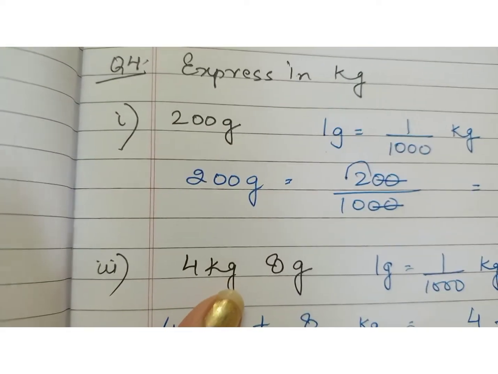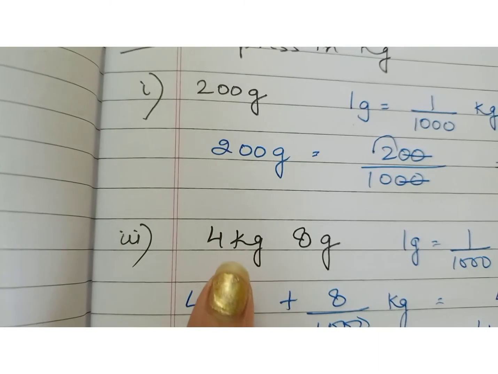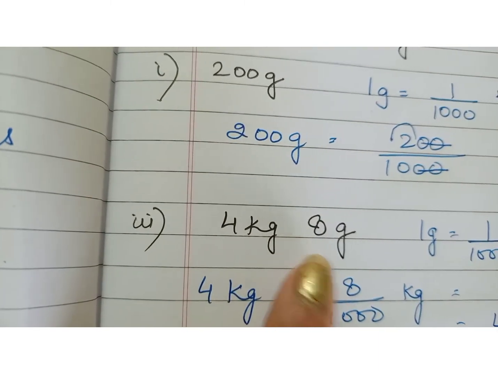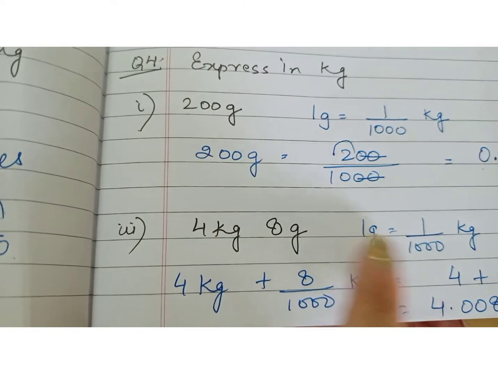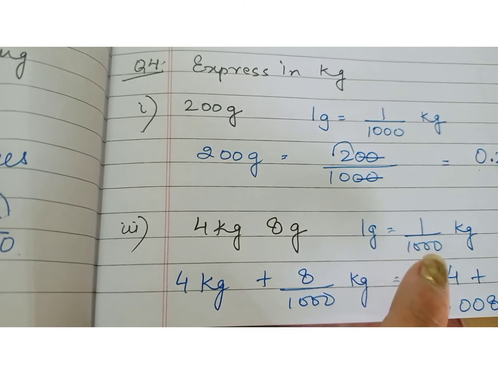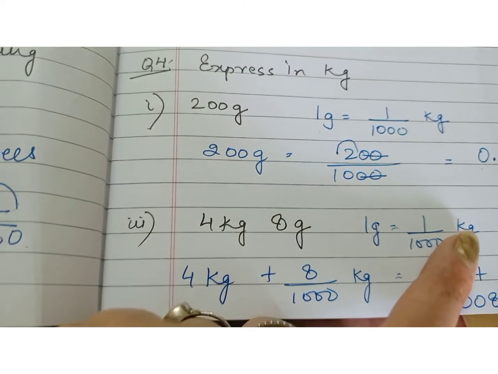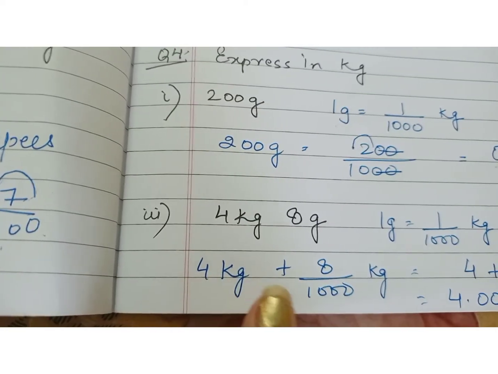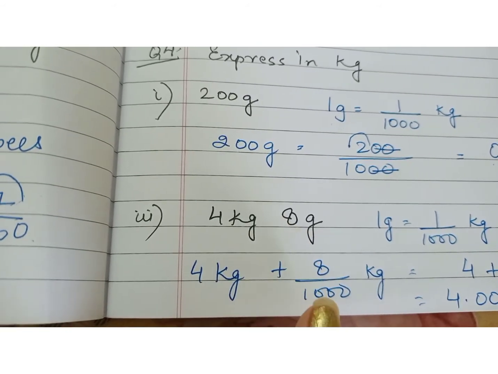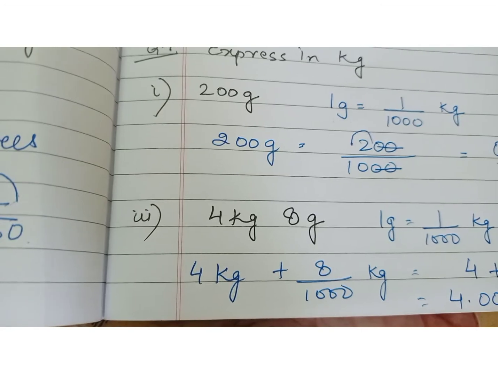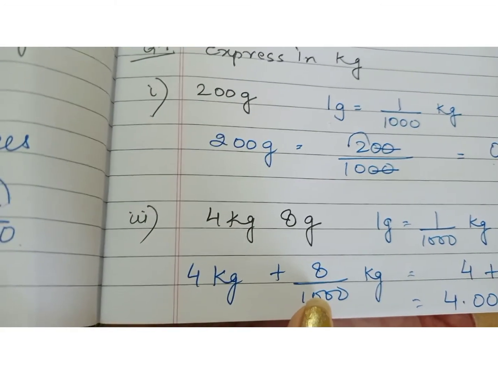We are continuing with the third part. Here in the third part, it is 4 kilograms and 8 grams. We have to convert it into kilograms only. So we'll not do anything to the kilogram. We'll only convert the grams to kilogram. 1 gram is equal to 1 upon 1000 kilogram. Put 4 kilogram as it is, write the addition sign, and we'll convert this 8 gram to kilogram by dividing it by 1000. 8 upon 1000 will be written.